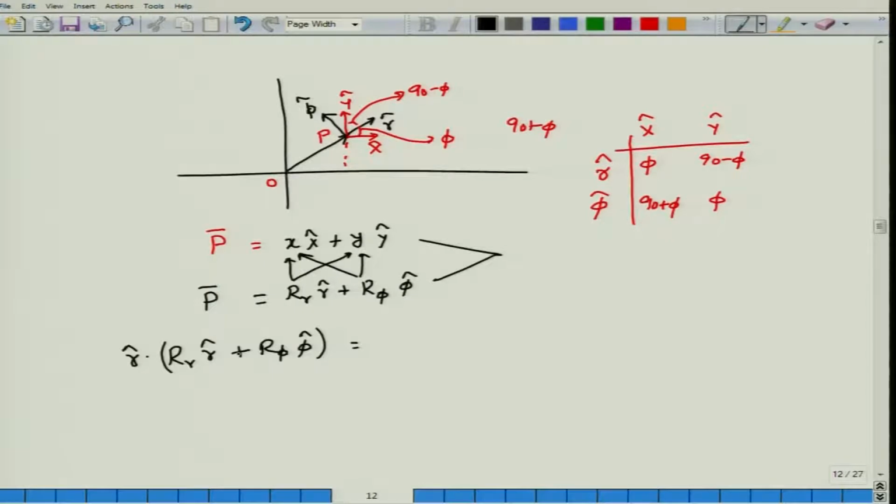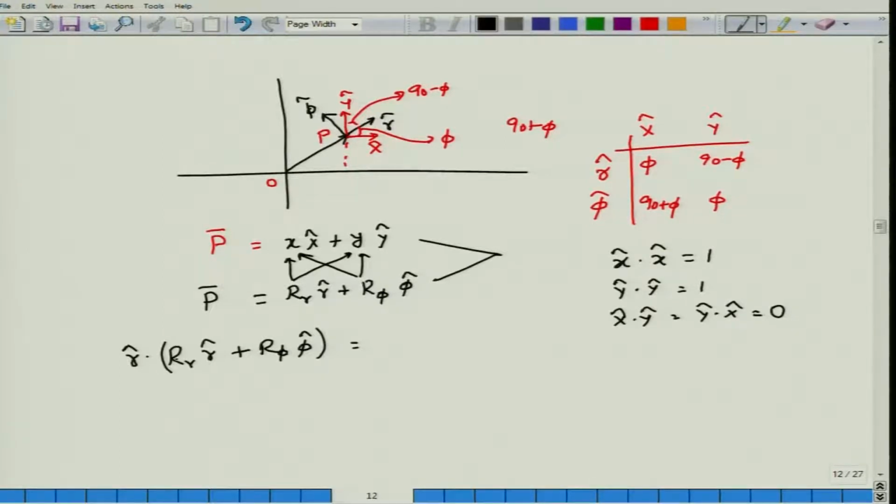When I take the dot product, I have already seen in the Cartesian coordinates that x dot x is equal to 1, y dot y is equal to 1, and x dot y, which is equal to y dot x, is equal to 0. In a similar way, if you replace x by r and y by phi, you essentially get the same relationships, that is, r and phi are perpendicular to each other, which is very well known.